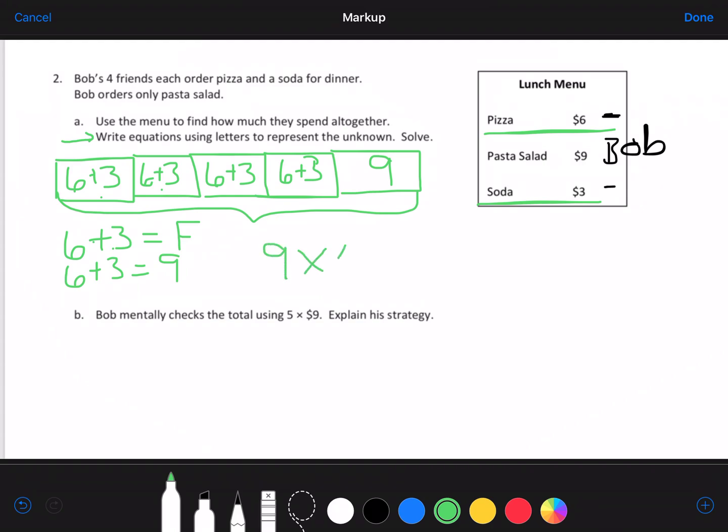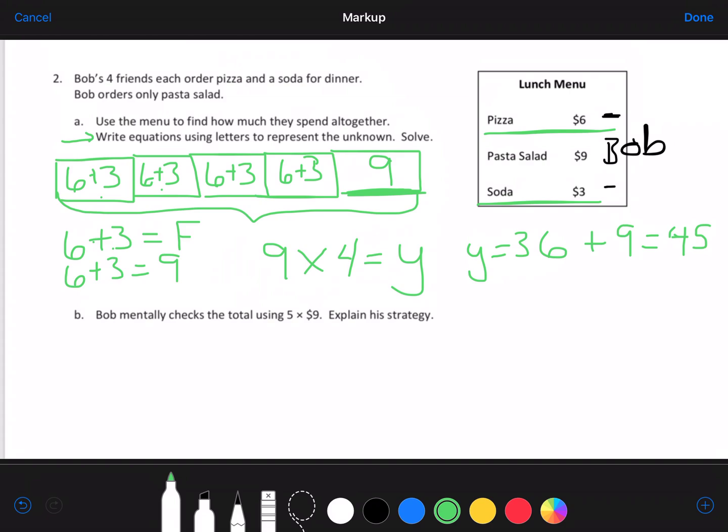So 9 times 4 equals the total of the friends, right? So we'll use a T. I don't know if that's a good idea because it looks like a plus sign. Let's use a Y. I don't know why, but we'll use a Y. So 9 times 4, so the Y equals 36. But then we have to go plus 9 because of Bob's pasta salad. So 36 plus 9 equals 45.